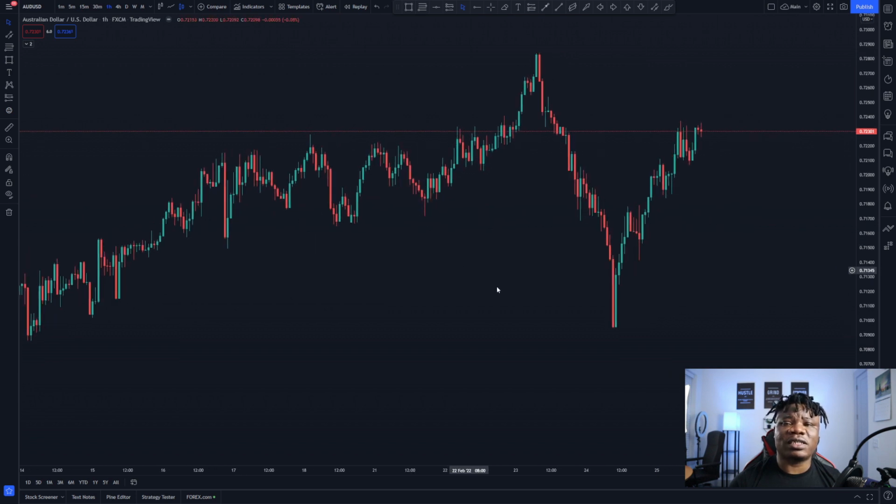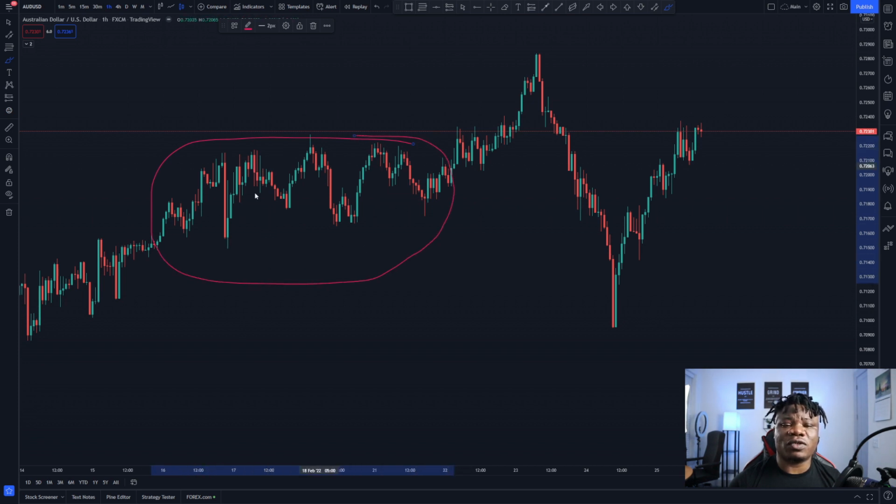For this example, the first example I'm going to show you guys is going to be this sell right over here. We're going to take a look at this sell here. Now if we look at this area right here, to look for our zones, our focus is this left zone right over here.